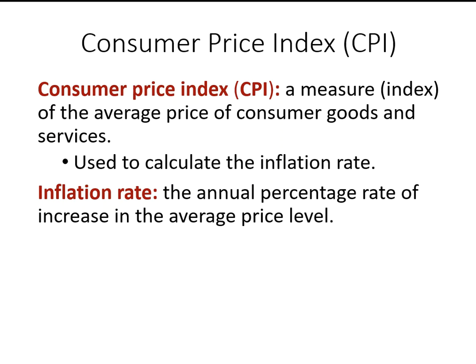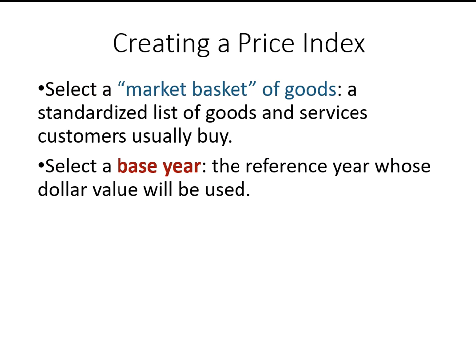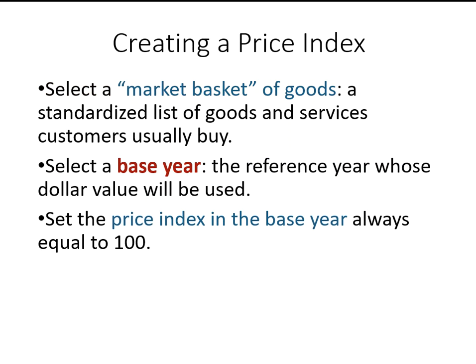When we look at how the CPI is constructed, the process begins with identifying a market basket of goods and services that consumers usually buy, through surveys done by the Bureau of Labor Statistics.